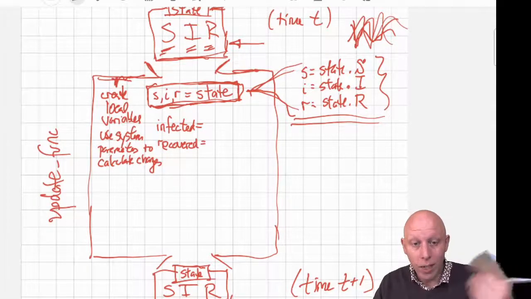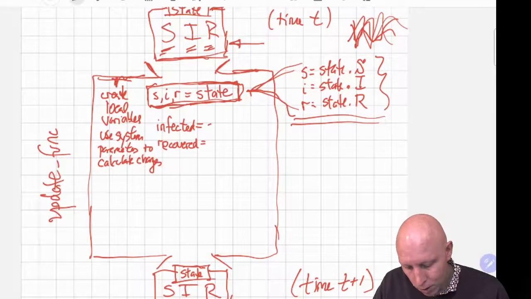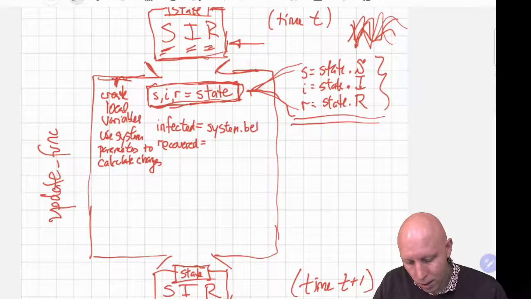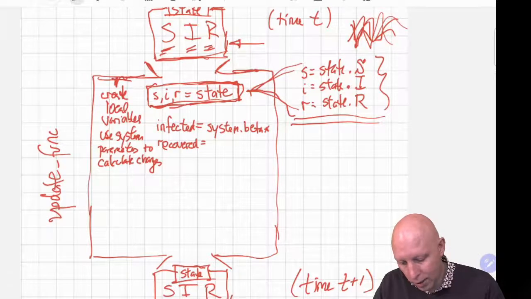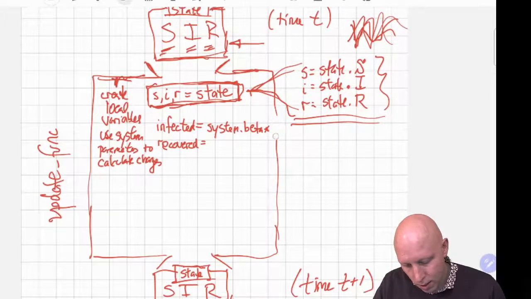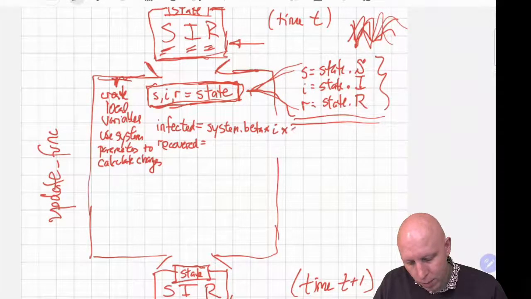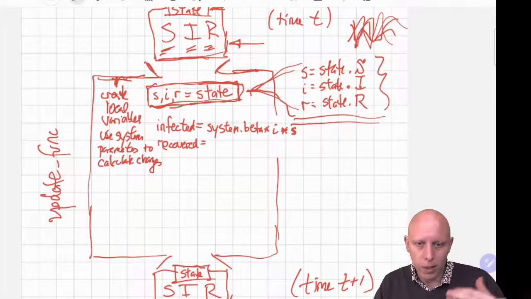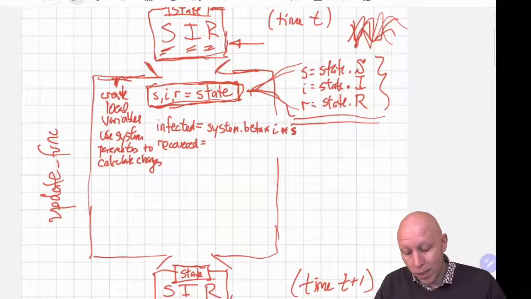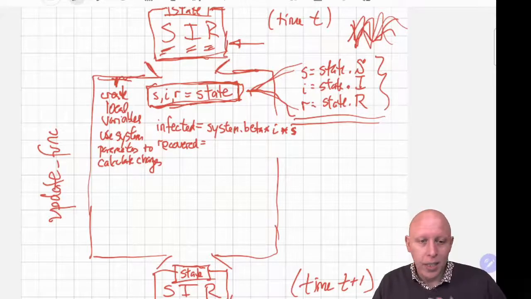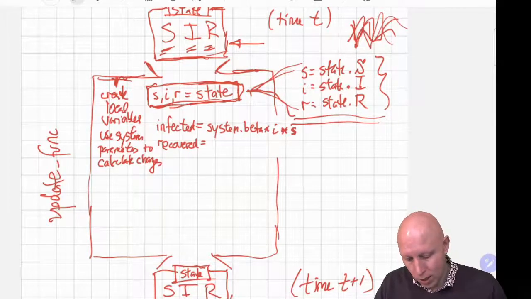The number of infected people is equal to system.beta times I times S. We have the percentage of people who are infected and the percentage of people who are susceptible, multiply those two by beta, and that gives how many new people were infected.